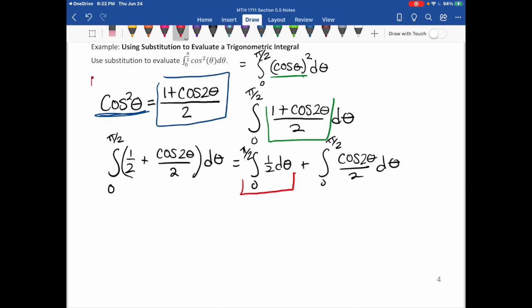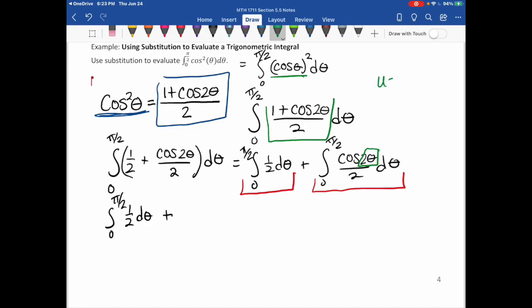Now this one here is easy to find the antiderivative for. The second one here, I'm going to have to do a substitution. I'm going to carry this down here because I'm starting to run out of room. So I have from 0 to pi over 2, 1/2 d theta plus, now I'm going to set up a substitution and see if this will work.